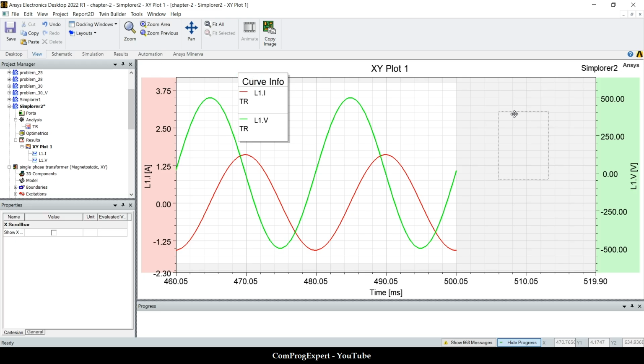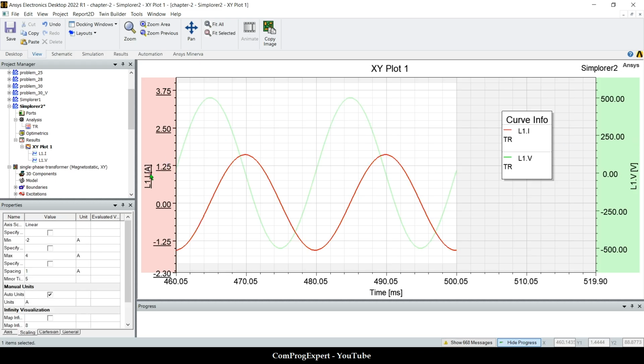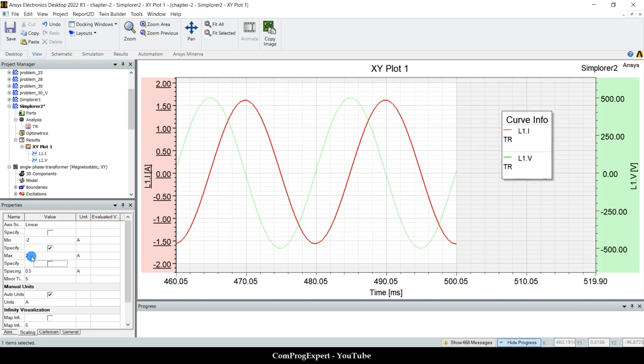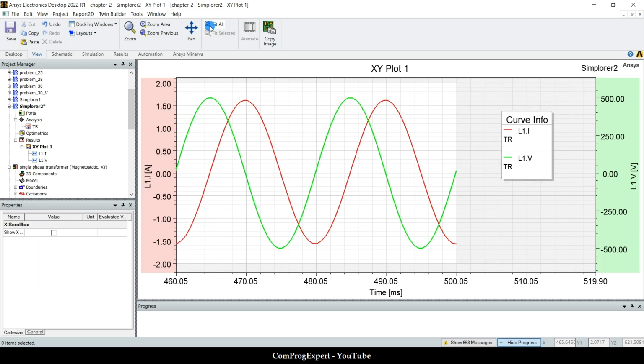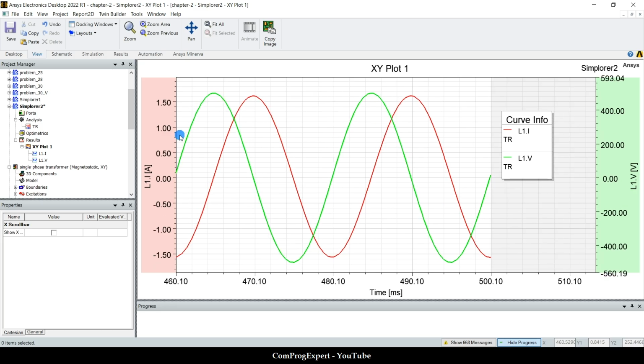The value of the current is right between the minimum value and maximum value. You can set the range. If I set the maximum value equal to 2, this is better, right? So, yes, we have a sinusoidal current and a sinusoidal voltage.